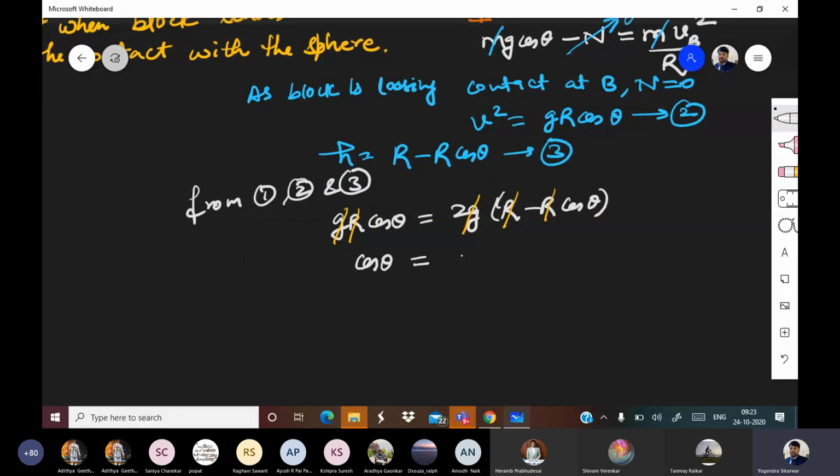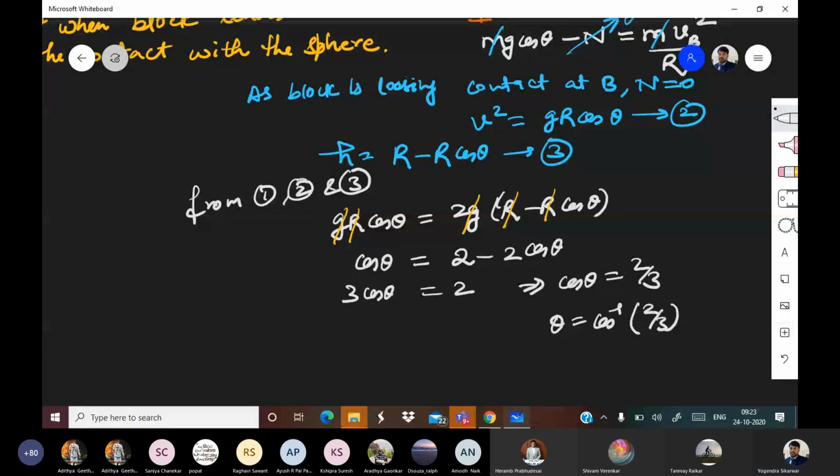Cos theta is equal to 2 by 3. Theta is equal to cos inverse 2 by 3. Answer. Please note.